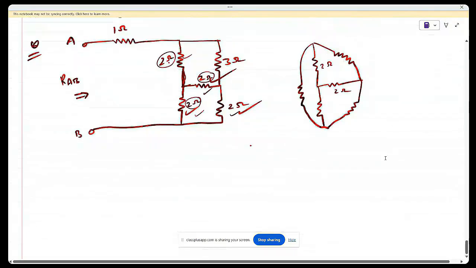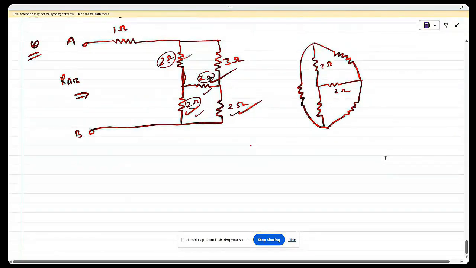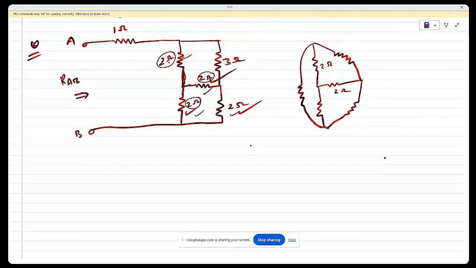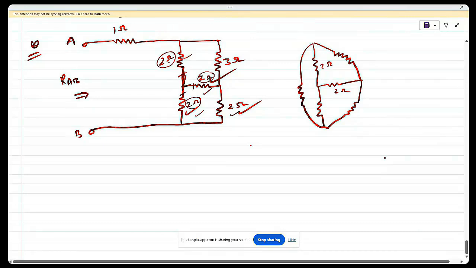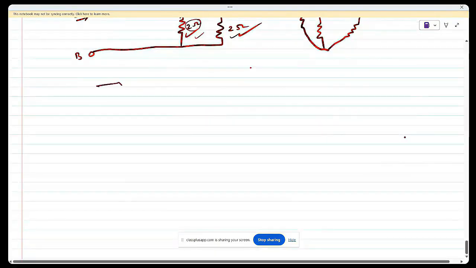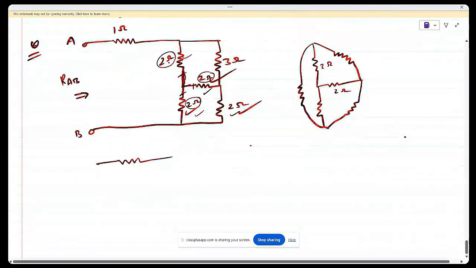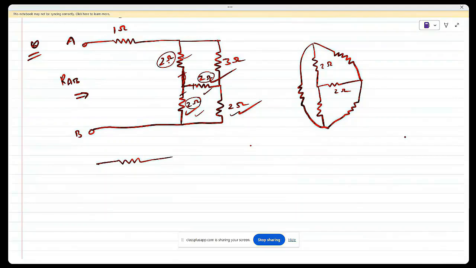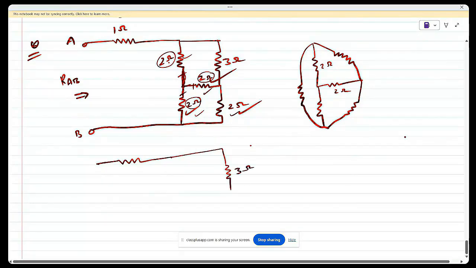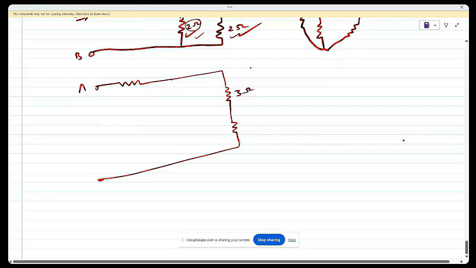Okay, in the first step I am converting these two in delta. So my next circuit will be this. I am not disturbing these resistances, these are the 3 ohm and 2 ohm. This is A, this is B, this is 1 ohm, this is 3 ohm and 2 ohm.